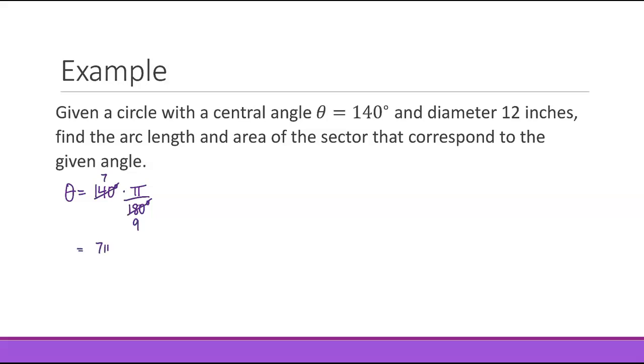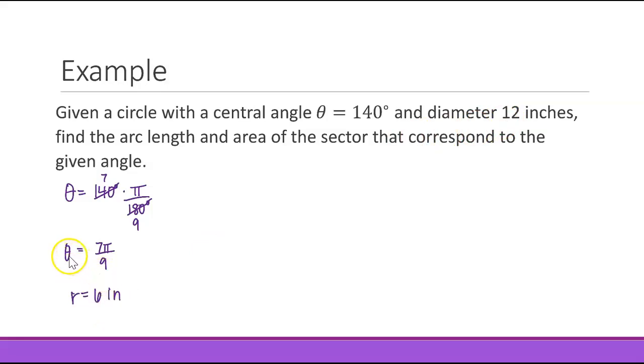So I get 7 pi over 9 as my angle theta in radians. And on this particular problem, I'm given the diameter of the circle, not the radius, but this is simple. We just divide the diameter by 2 to get the radius. So the radius here is equal to 6 inches.